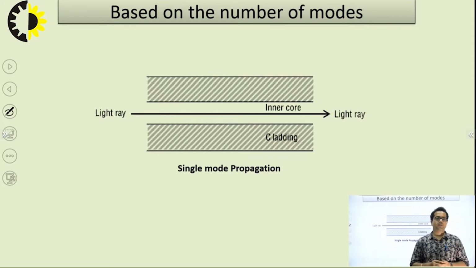Similarly, graded index optical fiber means there is a gradual change in the value of the refractive index as one moves from the central axis, that means the core, towards the clad region.